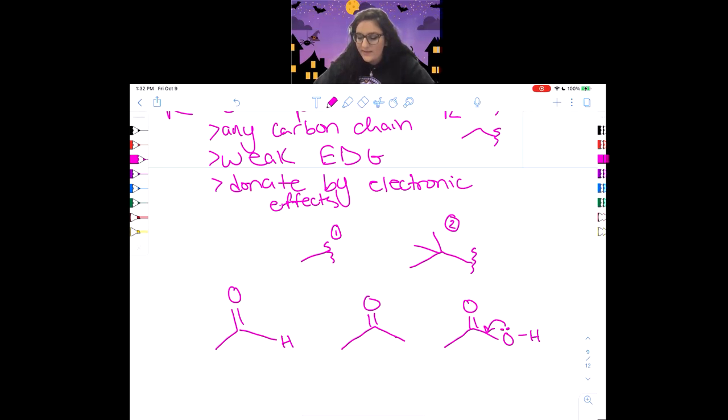So the carboxylic acid donates by resonance, right? And then here we had these electronic effects where the methyl was donating electrons, right? And yes, hyperconjugation also comes into play. But what I mean by electronic effects is that these carbon groups are going to donate a little bit of electron density through hyperconjugation and other electronic effects, versus the oxygen will do this through resonance.